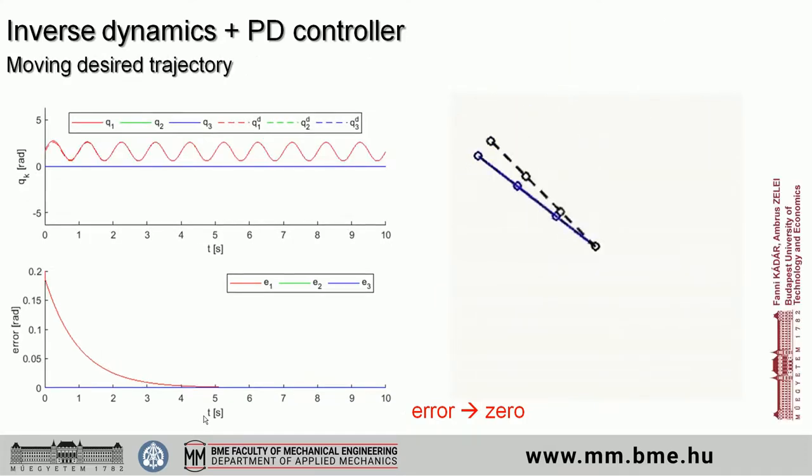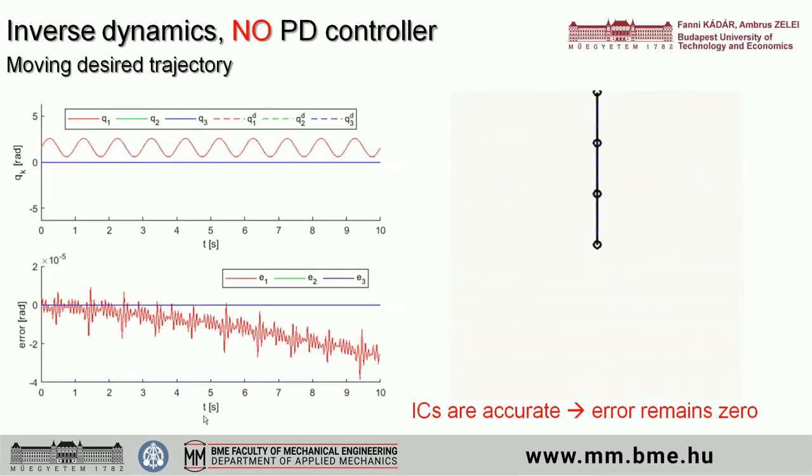And let's see what happens if the desired configuration is moving. Our inverse dynamics controller together with the PD feedback works very nicely again. And the question arises, what happens if we switch off our feedback PD controller part?